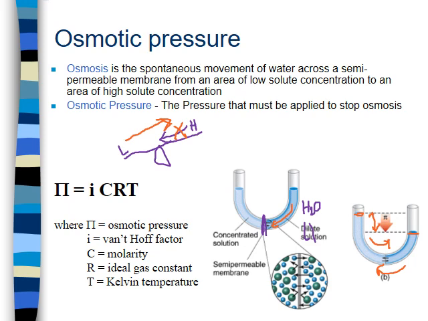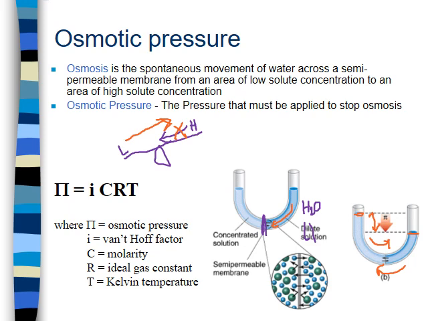And at that point, the water molecules are moving across the membrane in both directions equally, and there's no longer a change in the levels of water. You've reached equilibrium. At that point, if you measure that delta H, you've got what's called osmotic pressure.